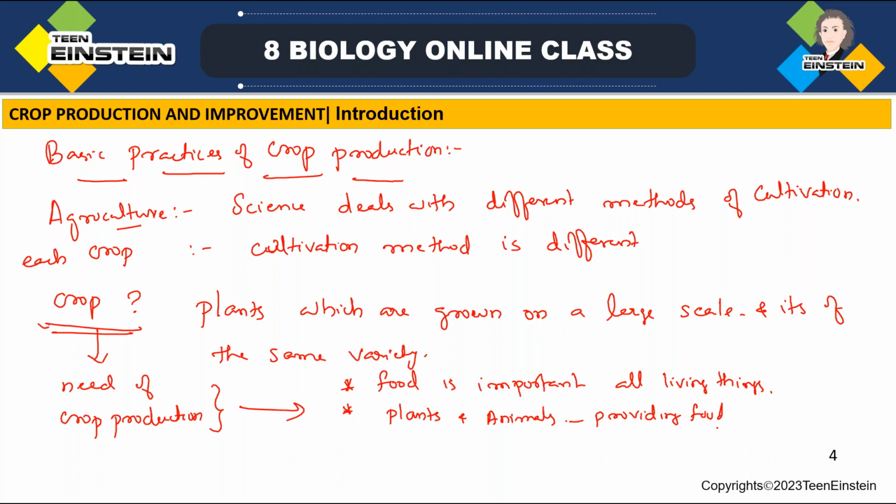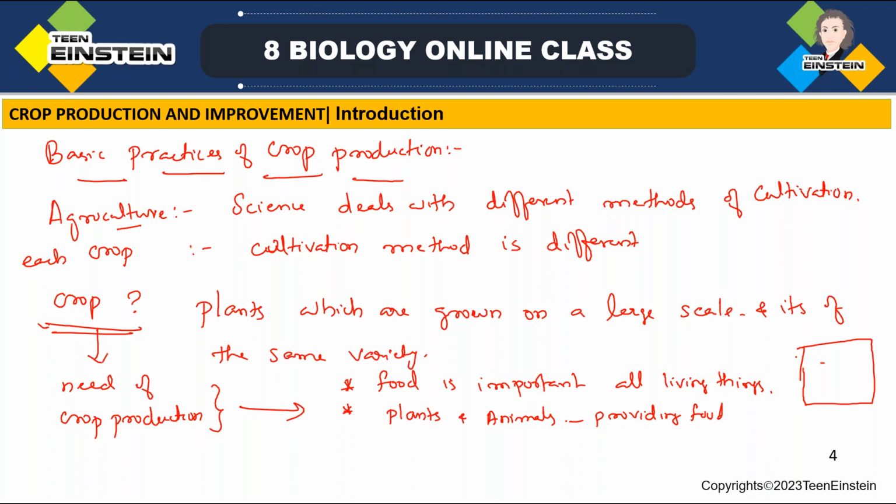Just for an example, if you're selecting paddy, wheat or corn, whatever it may be, for a particular soil, see, in this area paddy won't give that much yield, and it won't suit that soil. Then you go for another one, you select corn or maize, and that is giving good yield in that particular area.